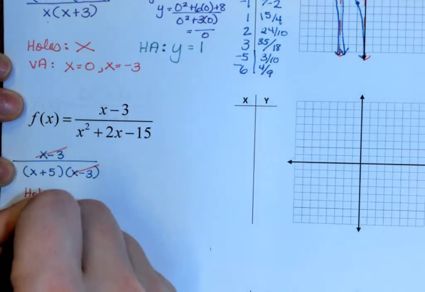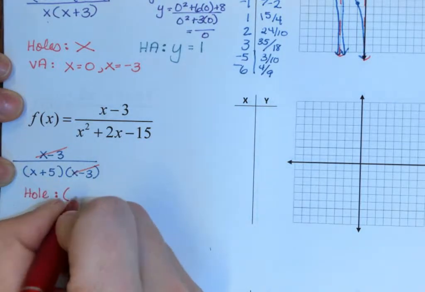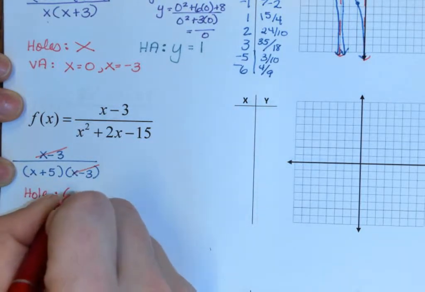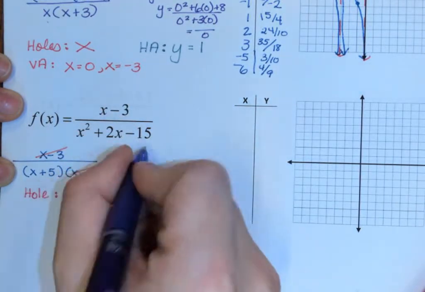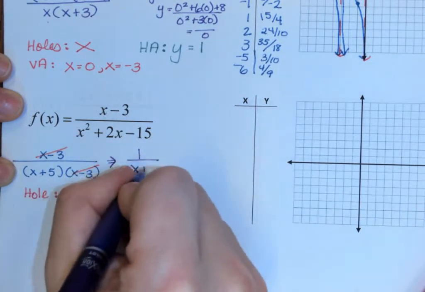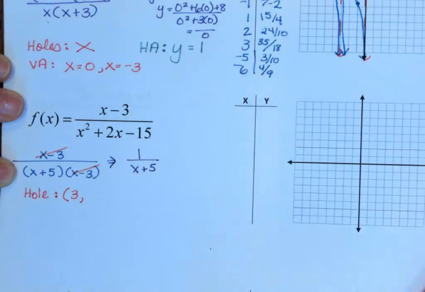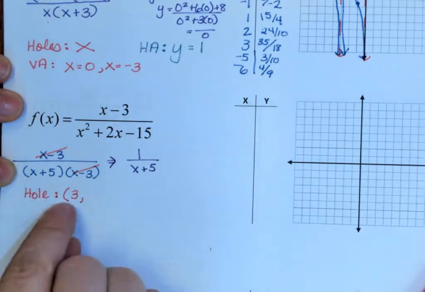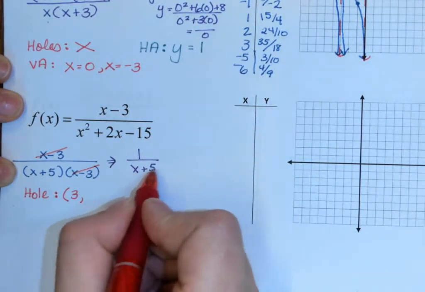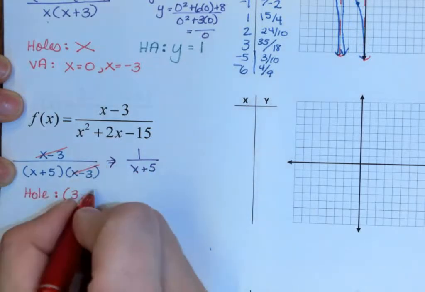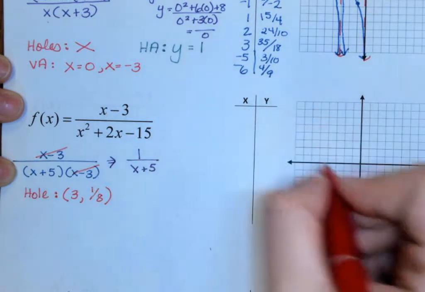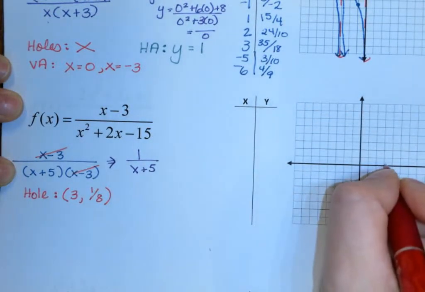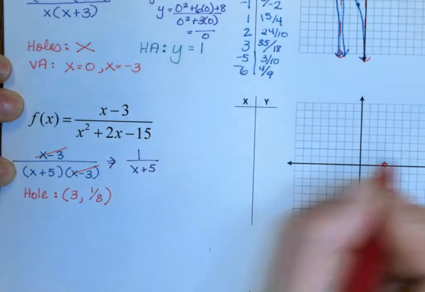So I'm going to have a hole when x is 3. And so I can actually simplify this now and use a much easier equation. So I can use that for everything else. So when I plug 3 in here, what is 3 plus 5? 8. So I have a hole at 3, 1, 2, 3, and 1/8. So just above that line, I've got a hole.